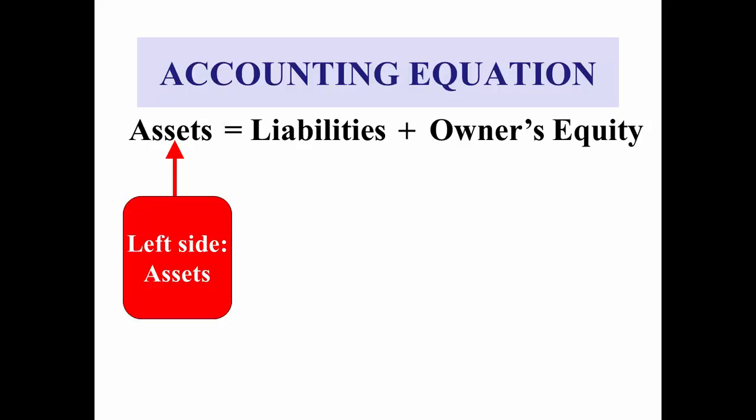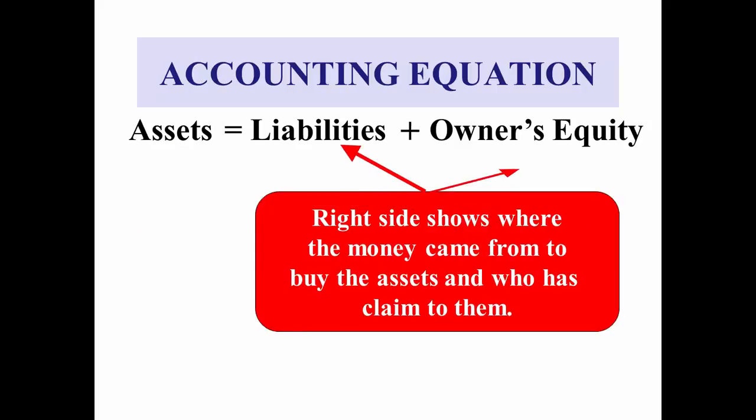And this is the preferable way, because on the left side are all the assets, all the things the company owns, and on the right side shows where the money comes from and who has claim to those. So if we don't pay off our loans, the creditors can come back and take the assets away. And whatever is left over of the assets after we pay off creditors, the owners can come and take away.